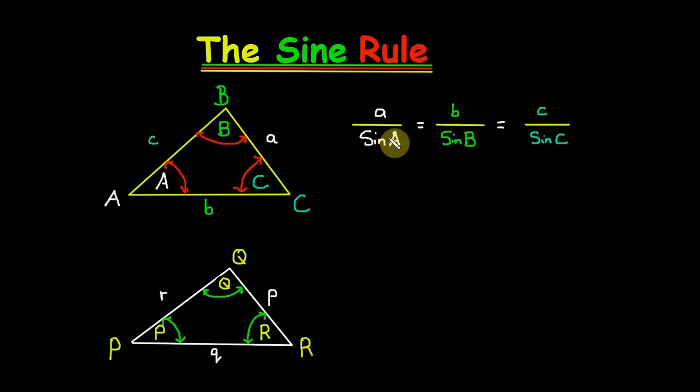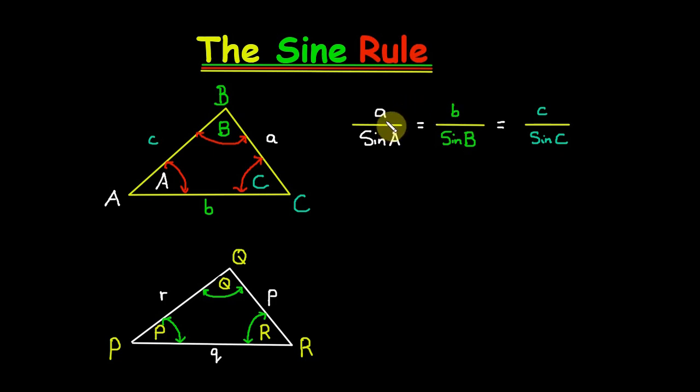What is a sine rule? The sine rule is the ratio of its side A to the sine of its opposite angle A. So the ratio of side A to the sine of its opposite angle A. A divided by sine A is equal to the ratio of the side B to the sine of its opposite angle B, which is also equal to the ratio of the side C to the sine of its opposite angle C. So they are equal.